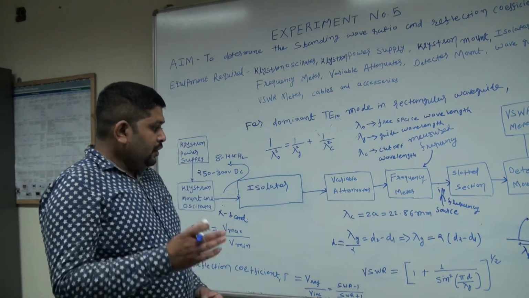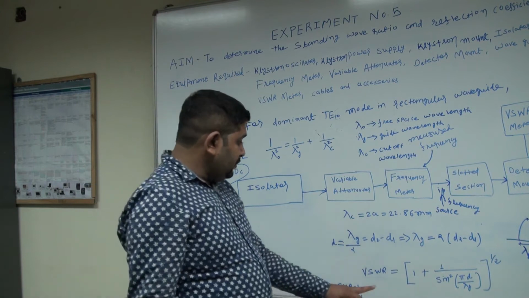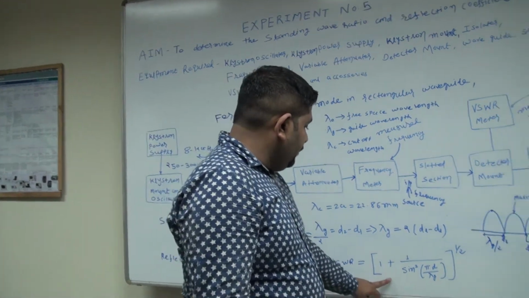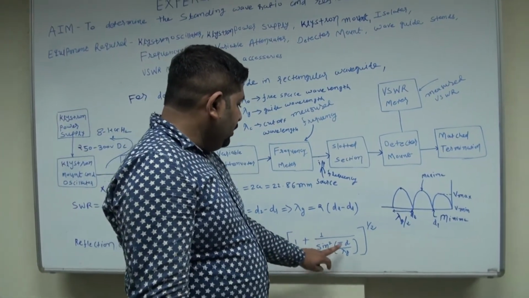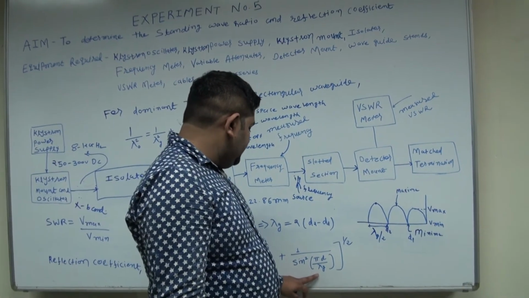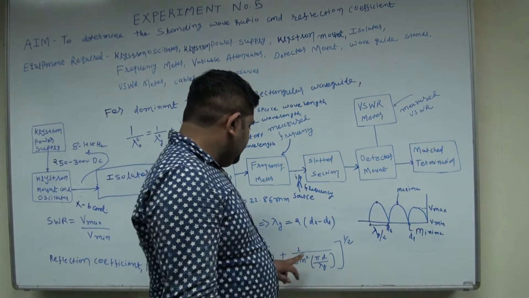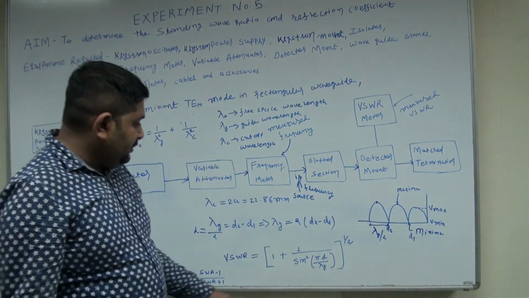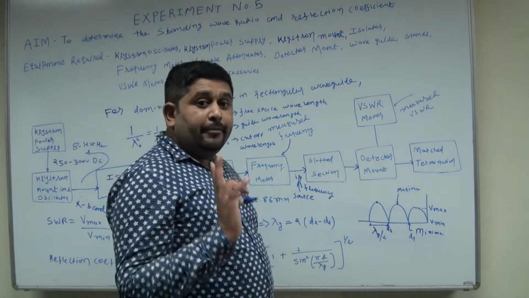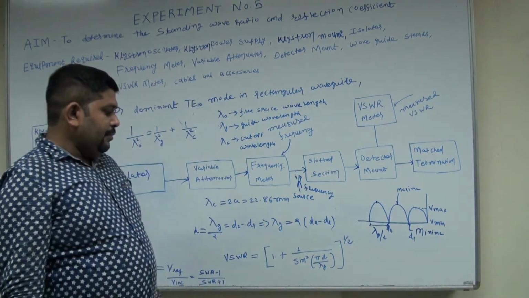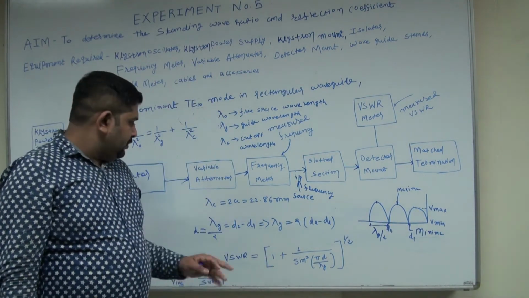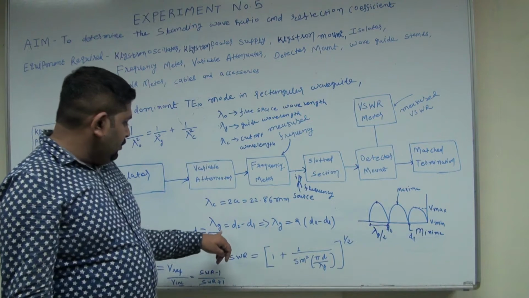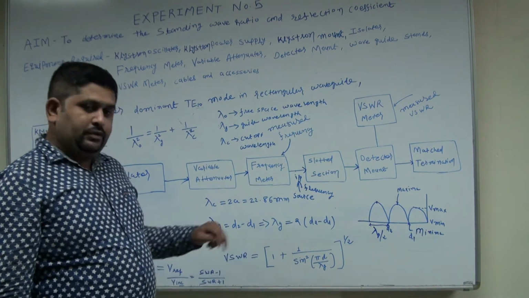In this case we will calculate the VSWR. Here the VSWR is calculated using this equation: VSWR is equal to [1 plus 1 upon sin square (pi d by lambda g)] whole raised to 1 by 2. In this case d is calculated using the double minima method, and lambda g is equal to 2 into (d2 minus d1).